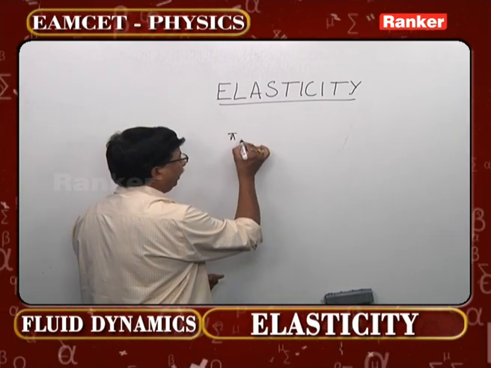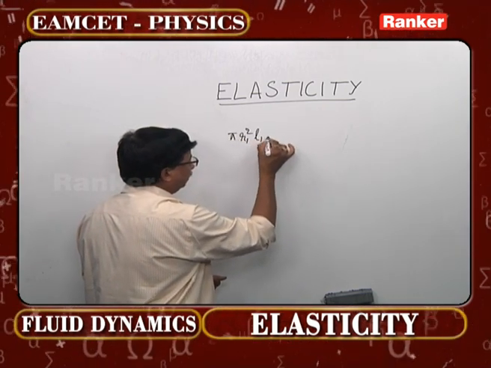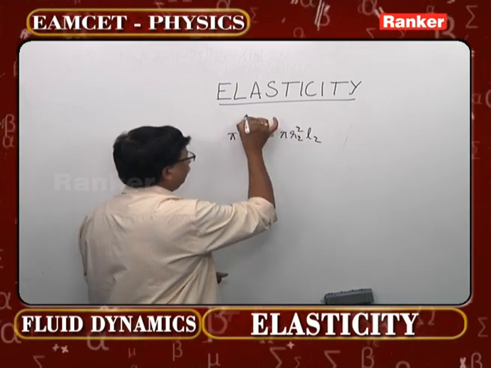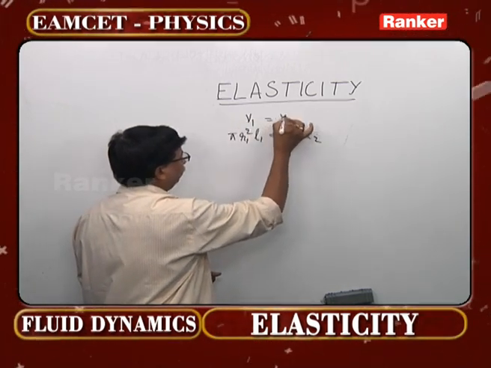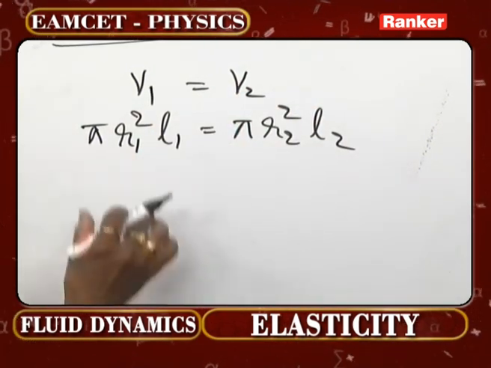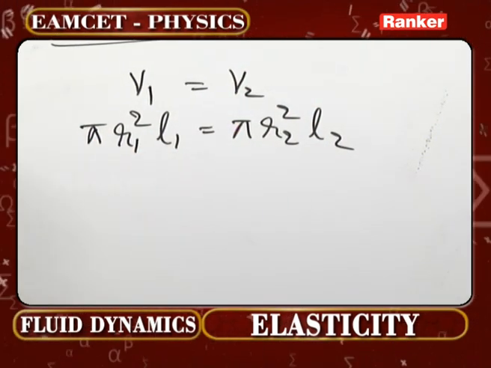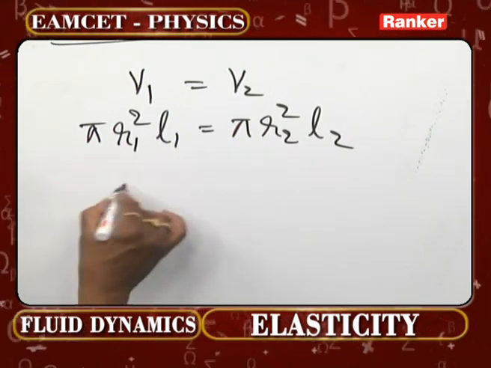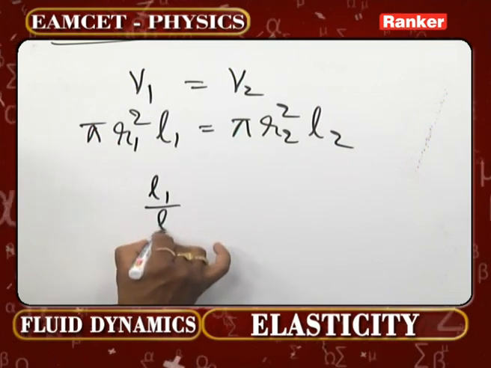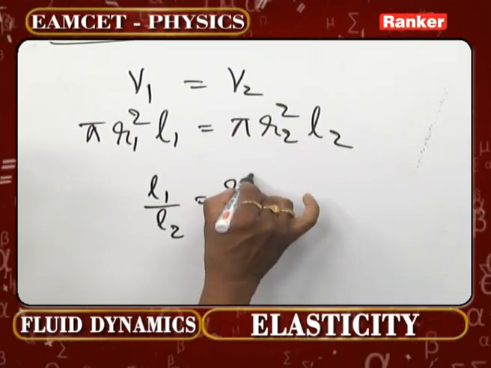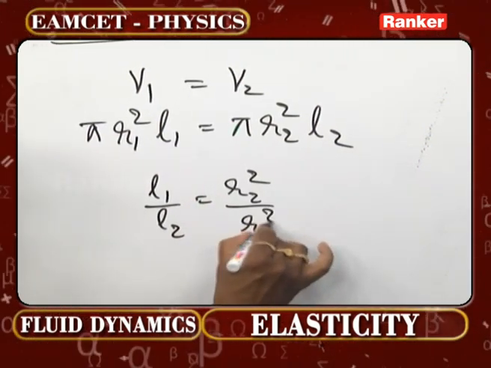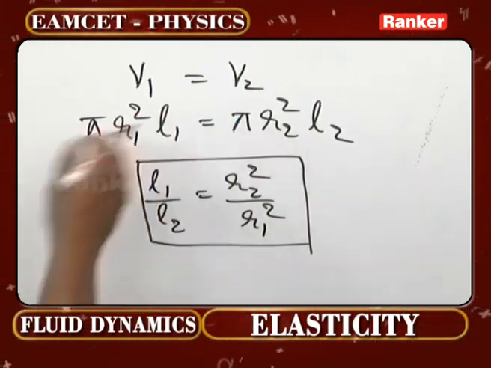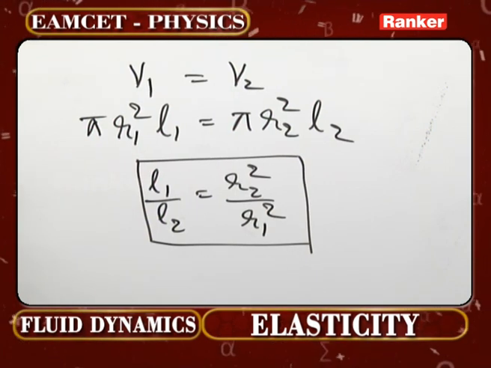Therefore, pi r1 square L1 is equal to pi r2 square L2. This is the meaning of saying their volumes are equal. Pi r square base area into height is going to be the volume of that cylinder as such. Now what can we write from this one? L1 by L2 is equal to r2 square by r1 square. This is the relation you can arrive at by looking to these two values equated to one another.